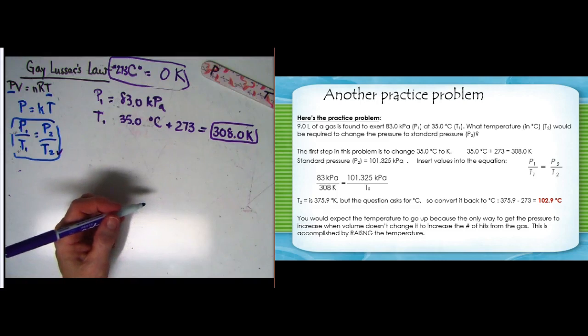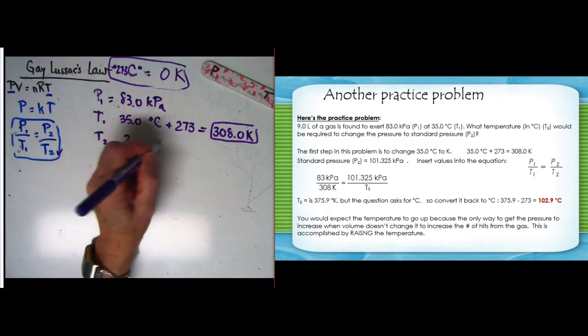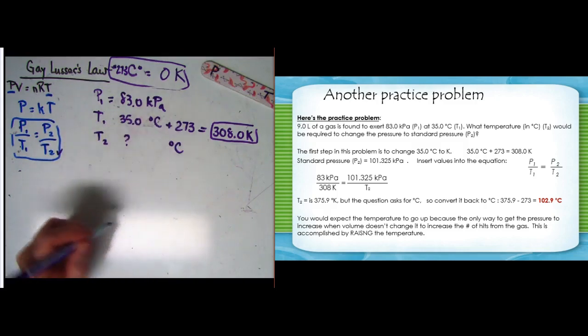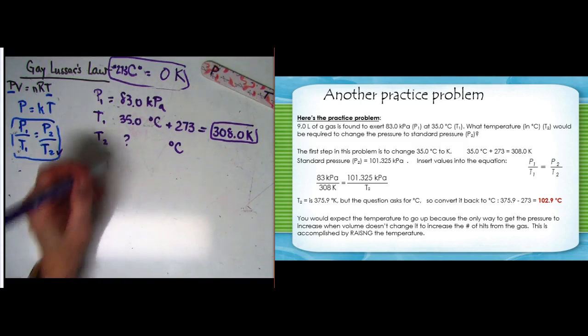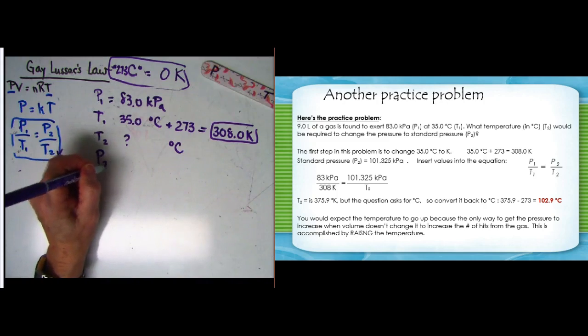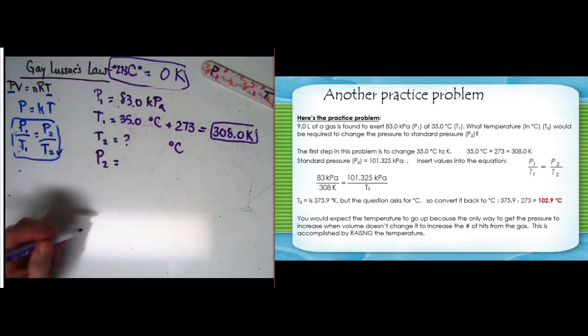All right, so it asks what temperature, T2, this is our question, but notice we're going to have to convert back to Celsius because it's asking for Celsius, would be required to change the pressure to standard pressure. So this provides us with a little bit of a challenge because you have to remember what standard pressure is.